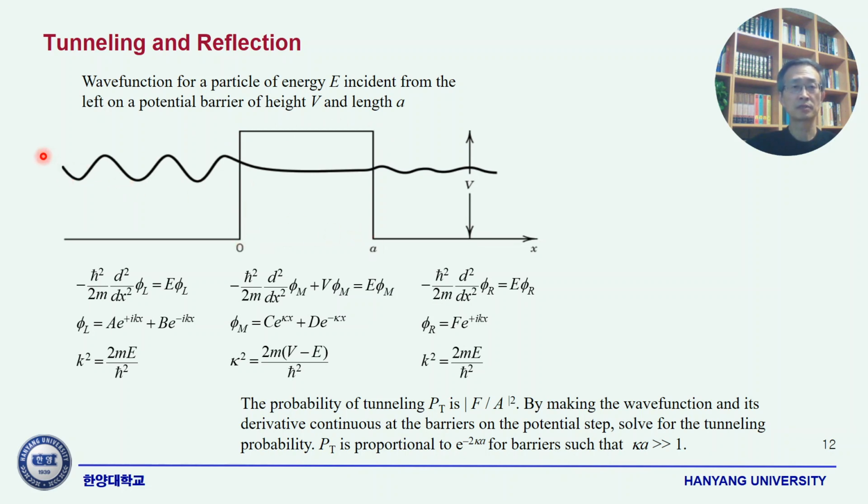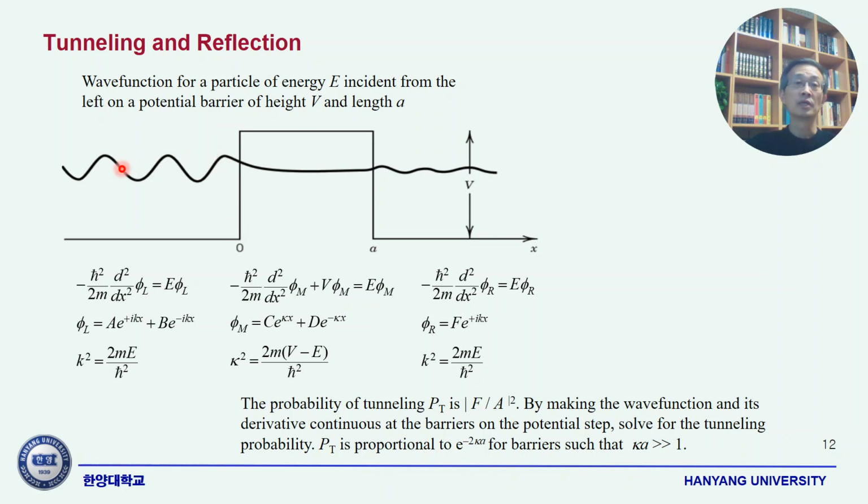Your particle travels from minus infinity in the positive x direction, and it hits, from the left hand side, the barrier at x equals 0 of height V.